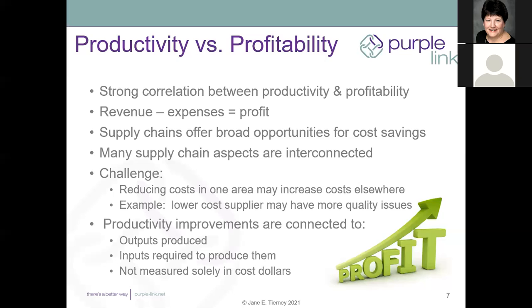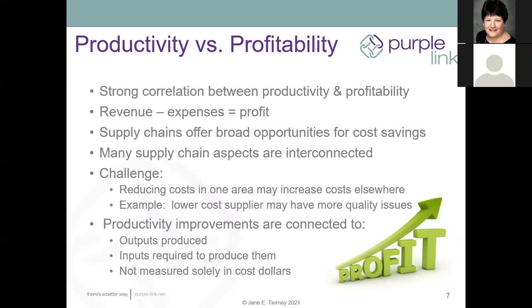So again, if we look at those factors that drive productivity, the methods, the quality, the labor and the workforce, technology, capital, if you have improved methods to produce the output, then you're going to reduce the inputs or increase the output, or maybe a little bit of both. So that can increase your productivity.